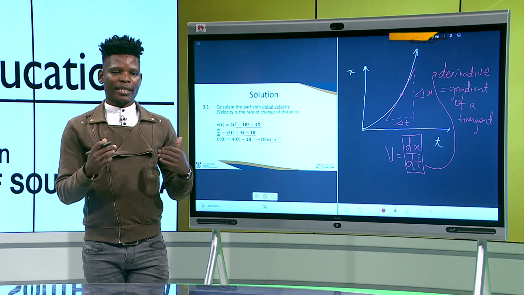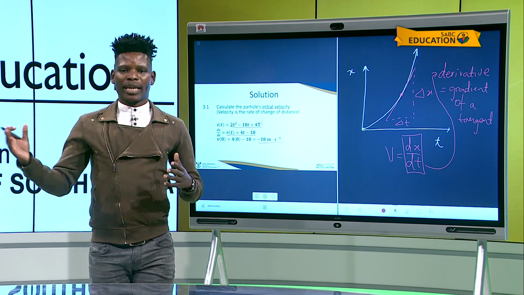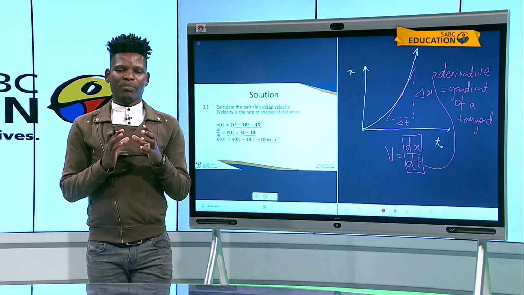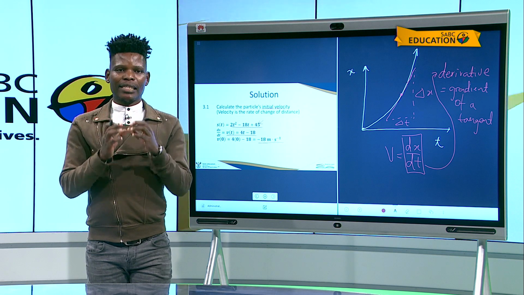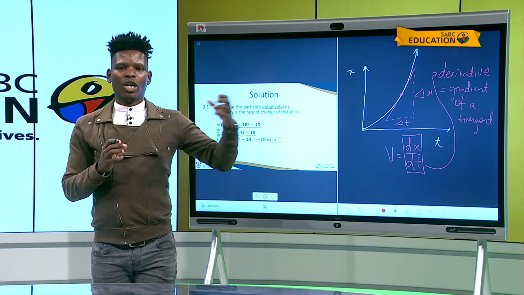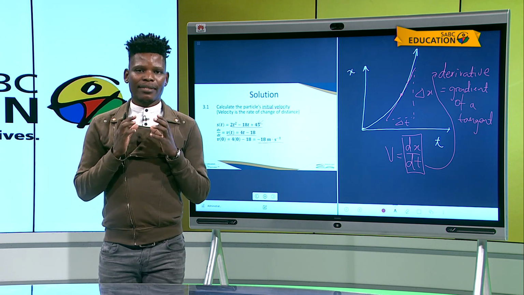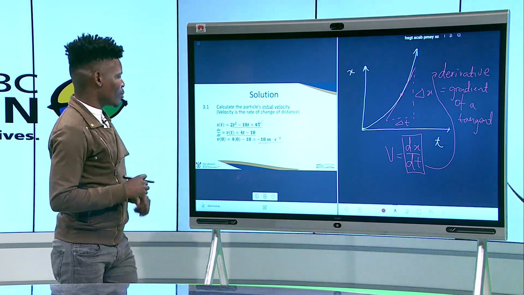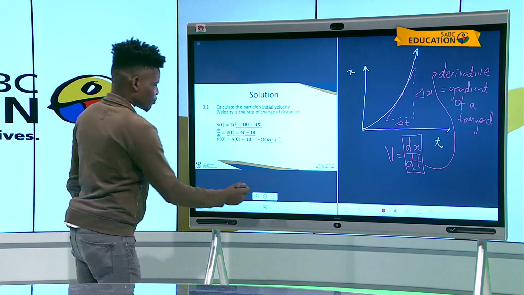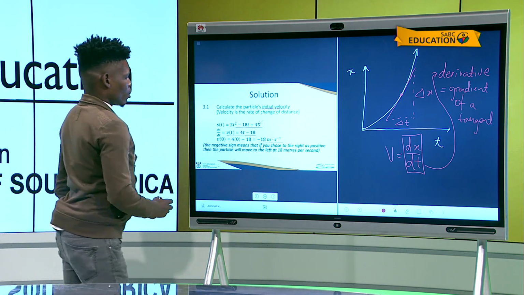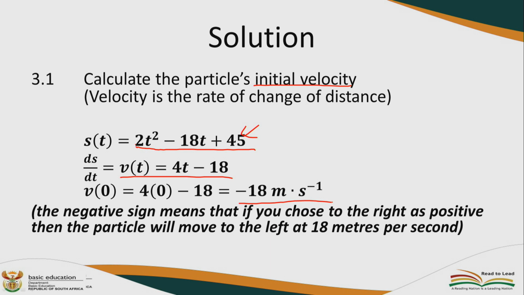So say, for instance, in this question, we had chosen to the right as positive. It will simply mean that initially this particle is going to move to the left with a speed of 18 meters per second. That's how you should interpret this solution. So the sign means that if you choose to the right as positive, then the particle moves to the left at 18 meters per second.